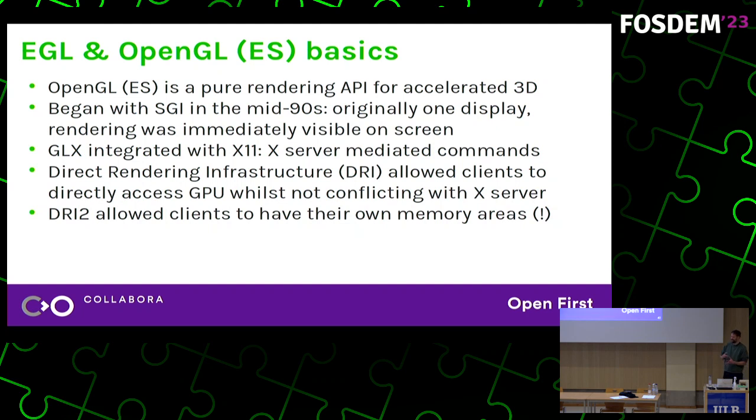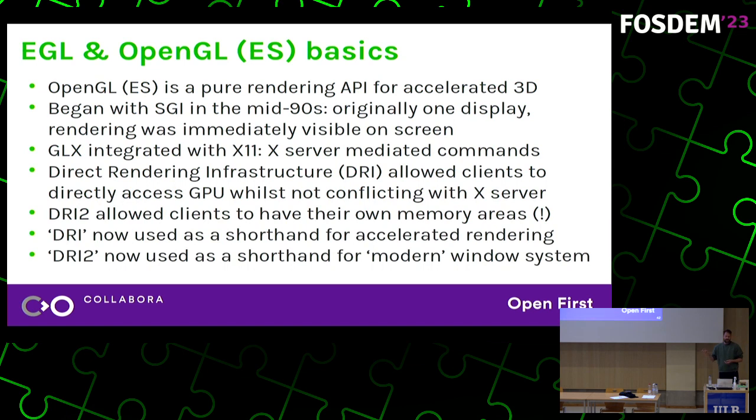But it sort of relied on central memory allocation. So we came up with DRI2, where the main innovation was that clients would manage their own memory in cooperation with the kernel, and also execute all of their own commands.